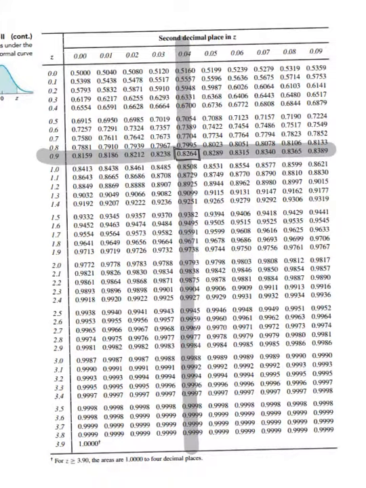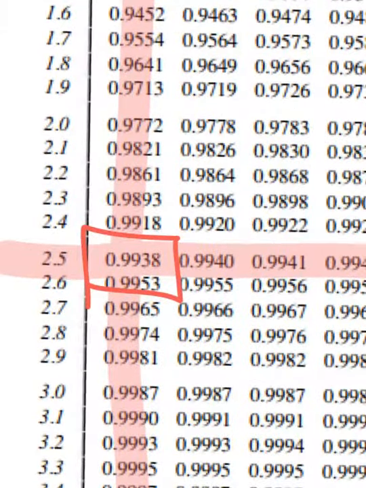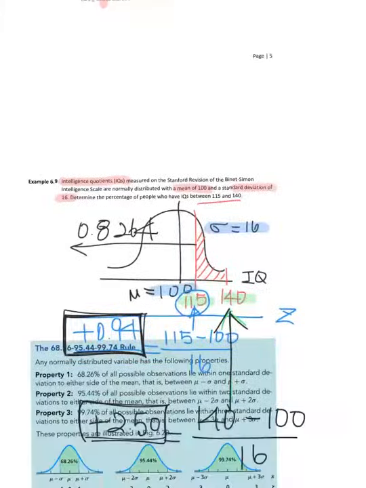Now we have 2.5 and 0. The probability to the left will be 0.9938.